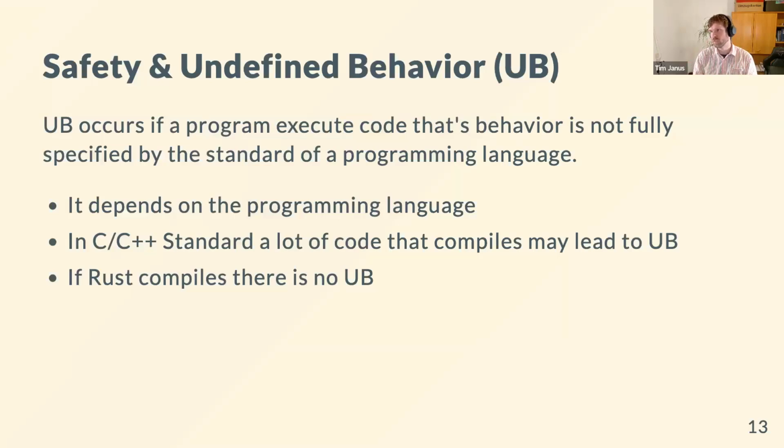That can happen, for example, in some specifications like the C++ standard, and it depends strongly on the programming language. In C++, you can compile programs that lead to undefined behavior. But the nice thing is in Rust, if there would be undefined behavior, it won't compile. Or the other way around, if it compiles, there's no undefined behavior.